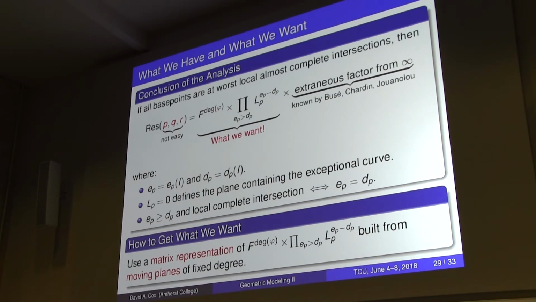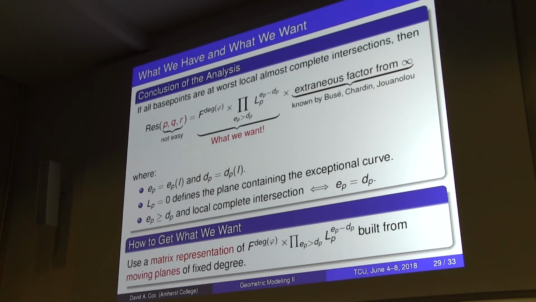It's going to have some extraneous factors that come from the rank 1 base points, but then we also might have this extraneous factor that comes from infinity. It turns out that Bouzet, Chardin, and Jouanolou have worked out what that is. They're also the folks that proved that that's the right exponent. But remember, the mu basis is not easy to compute, its resultant is also not easy to compute, and this extraneous factor is just deeply irritating.